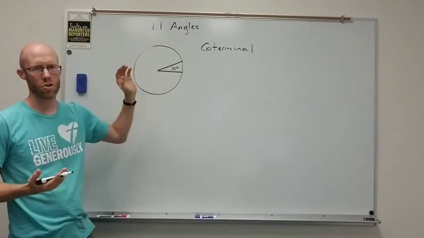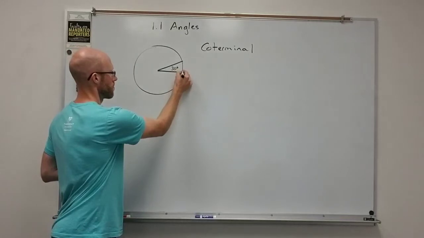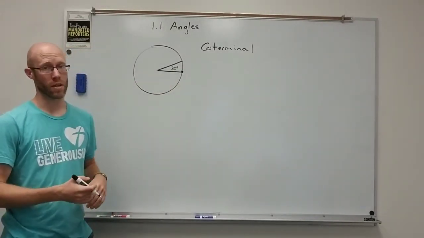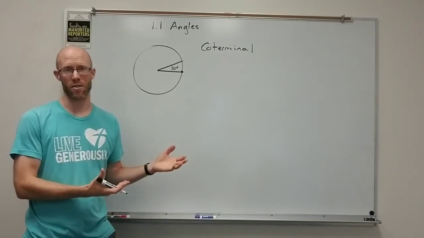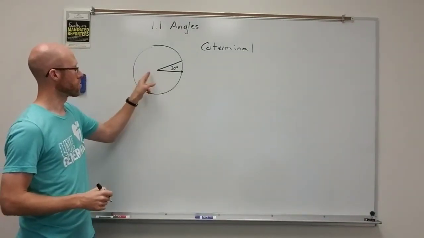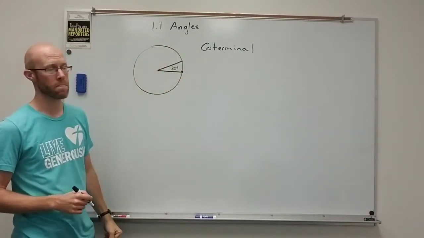We're going to assume all angles have an initial side going straight out to the right. Some people think of that as like the positive x-axis if you had an xy axis. And so the terminal side is going to be on the 30-degree angle.